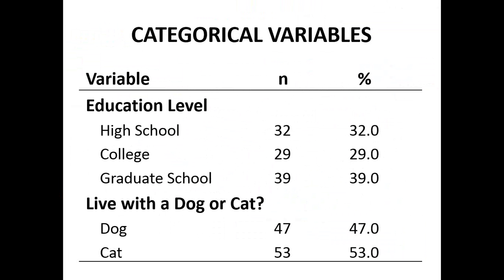And then do you live with a dog or a cat? We see for dog, there's 47 people, which is 47%. And for cat, there's 53 people, which is 53%. So roughly, half the sample lives with the dog and half the sample lives with the cat.